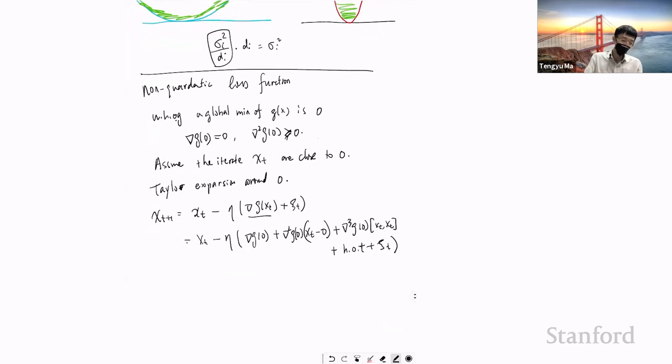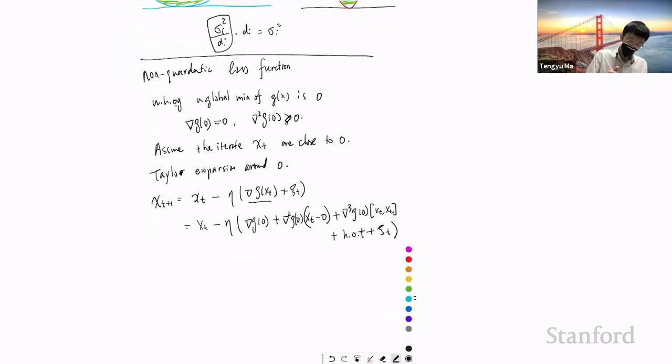If you're not familiar with the matrix notation, this is really just saying that g prime of x_t is roughly equal to g prime of 0 times x_t, plus g double prime of 0 times x_t squared, plus the third order derivative times, wait, what am I doing here.